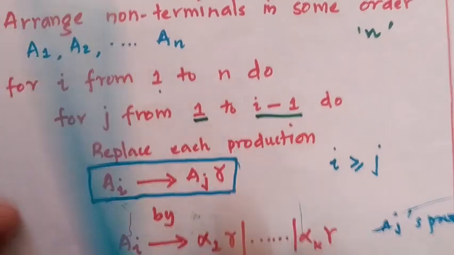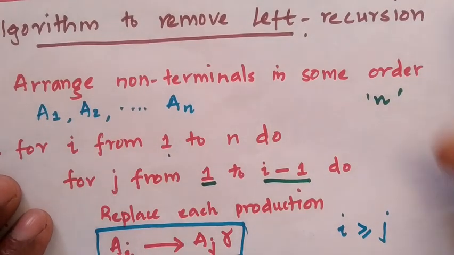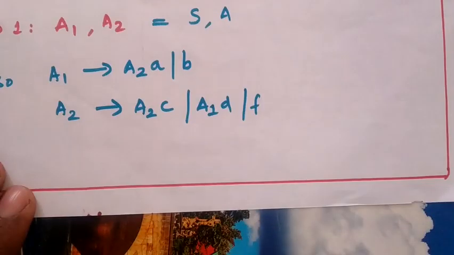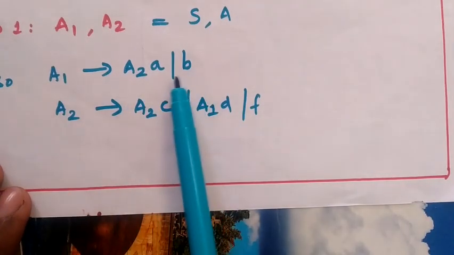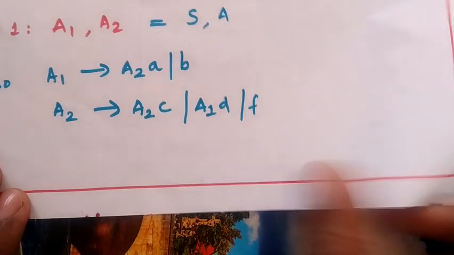Step 1 is over. Here it is telling that you have to arrange the non-terminals in some order, A1, A2, etc. up to An. Then after arranging you will get productions like A1 gives A2A, etc. Then we will start our for loop.